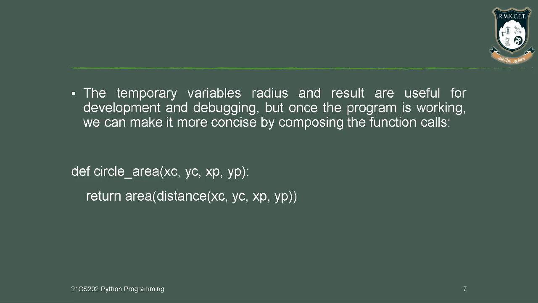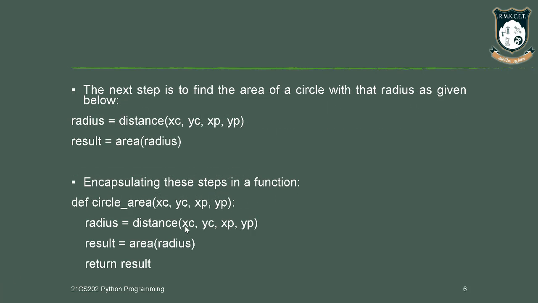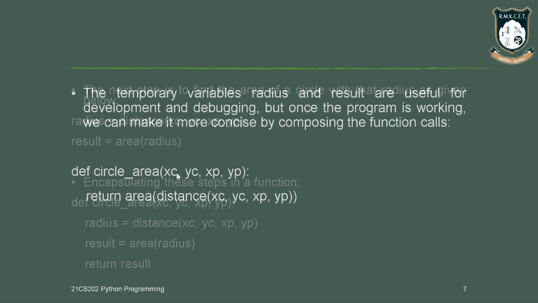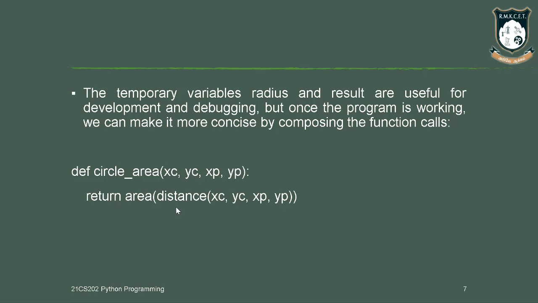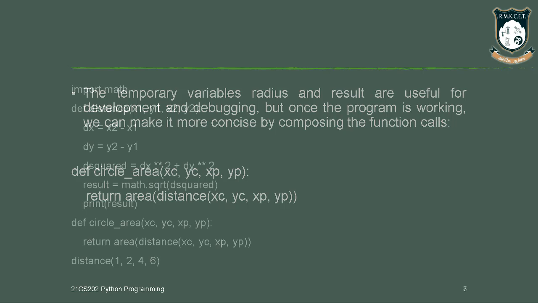As a result, this 4-line function is reduced into a 2-line function. We take the distance function first, then the result of that distance function is given to the area. This is how we can compose the functions.